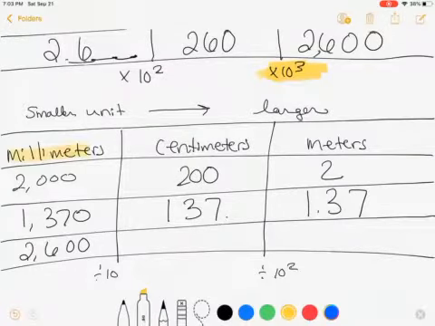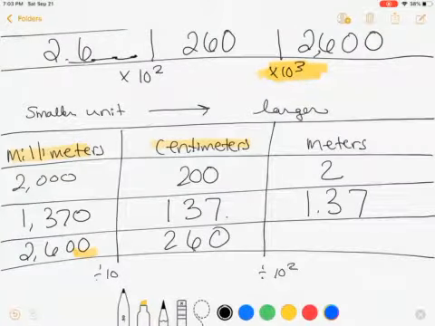Going from millimeters to centimeters, we need to move that decimal just 1 place over. And we get 260 centimeters. Now when we're converting centimeters to meters, which is a larger unit, we need to just move that decimal 1, 2 places to the left to make our number smaller. And we get 2 6/10 meters.